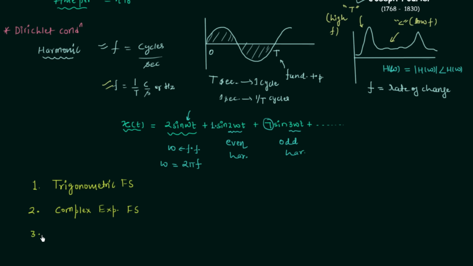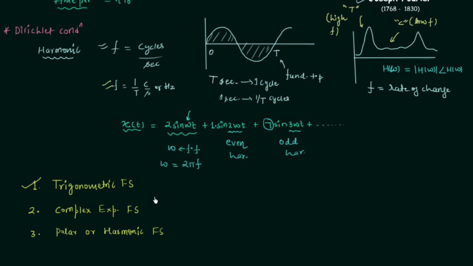The third one is known as polar or harmonic Fourier series expansion. Out of three, we will first study trigonometric Fourier series expansion.